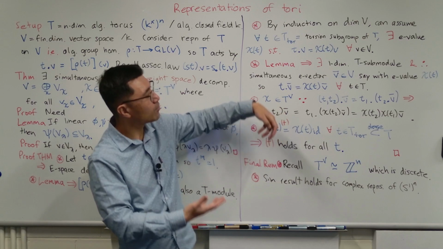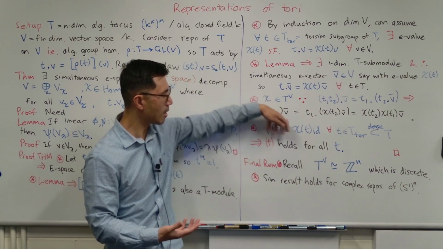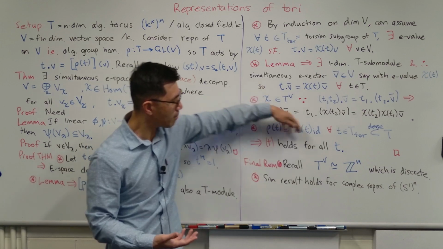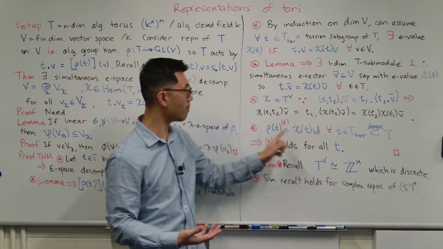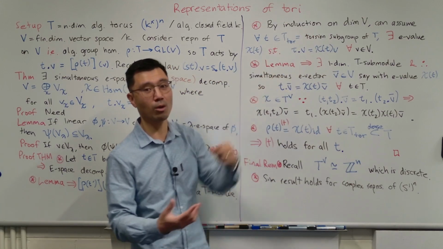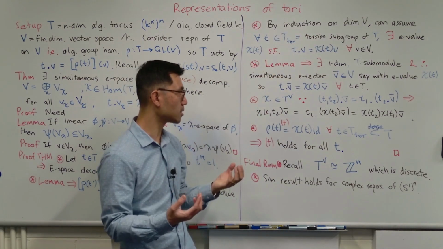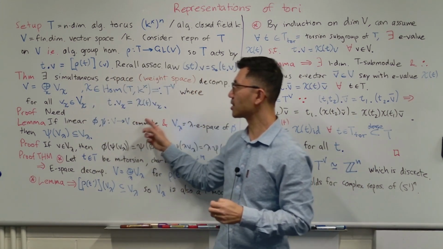So this is how we lift to the whole torus, by using density. And so in fact this statement holds for all t, and that's precisely what you want. That means that this equation holds not just for t inside the torsion subgroup, but for all torus elements. And so that will give you this statement here.